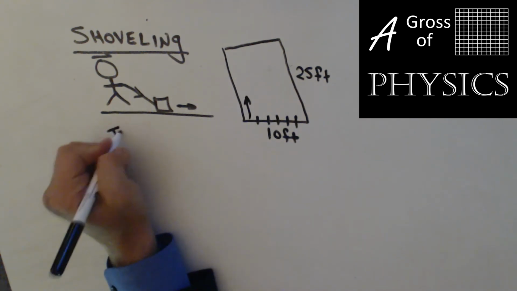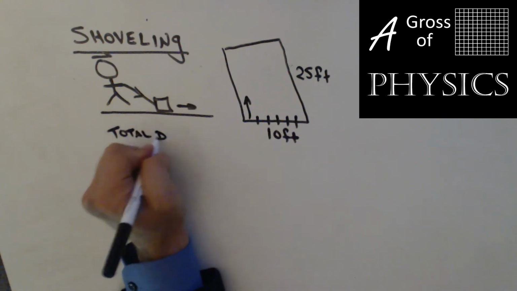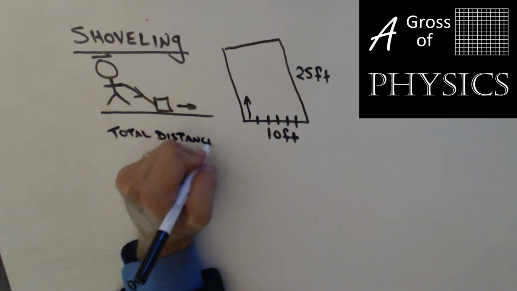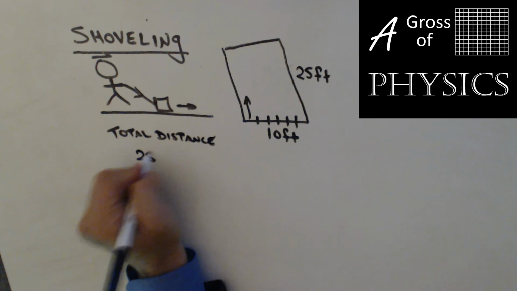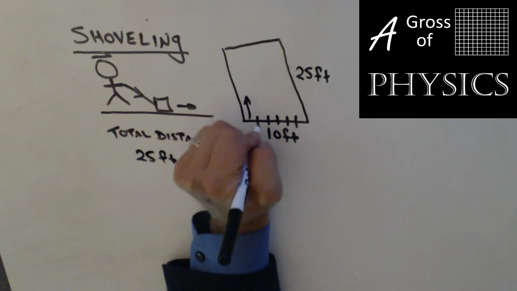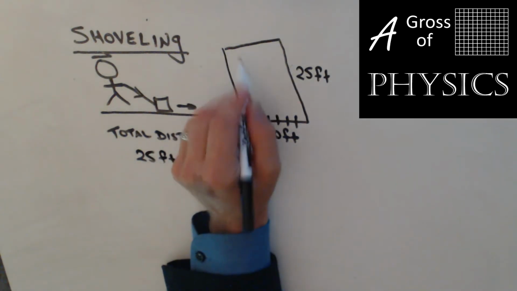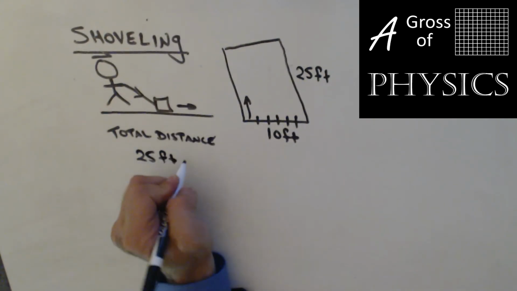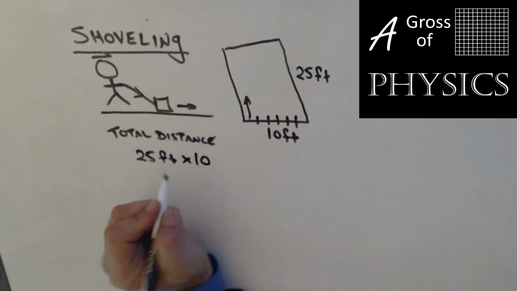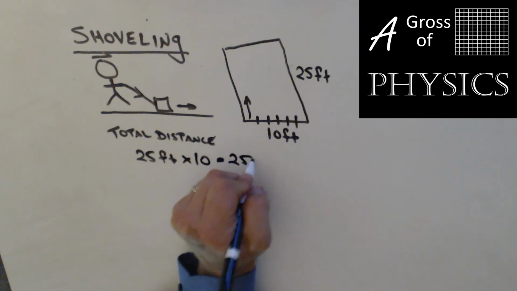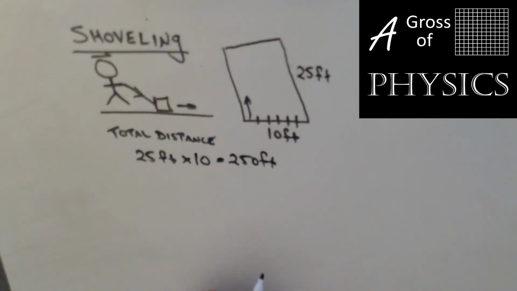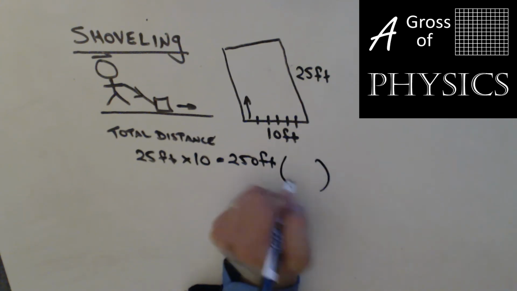So the total distance you're going to move would be 25 feet, because you have to go 10 times, well, I guess you could go forward and backwards. It's a flat driveway. 25 times 10, which is a total distance of 250 feet. Now, that being said, we need to convert to meters.